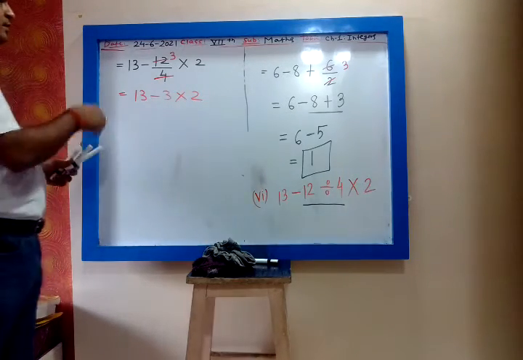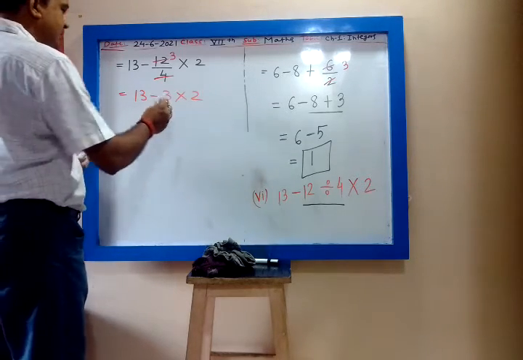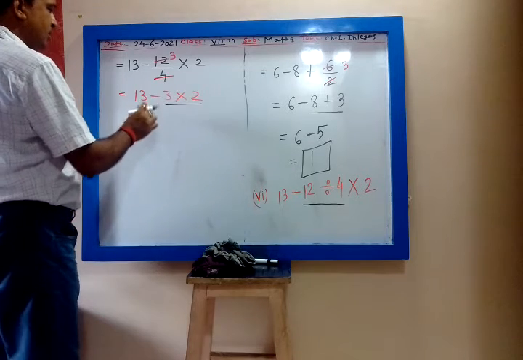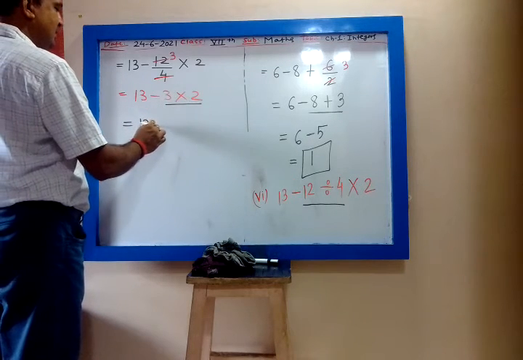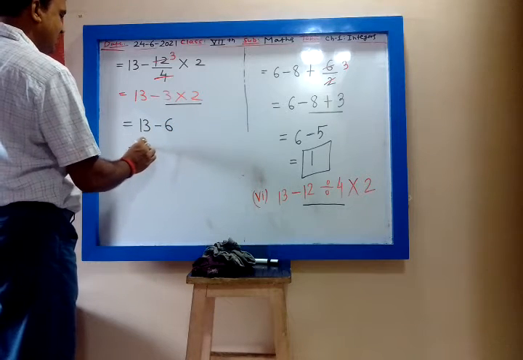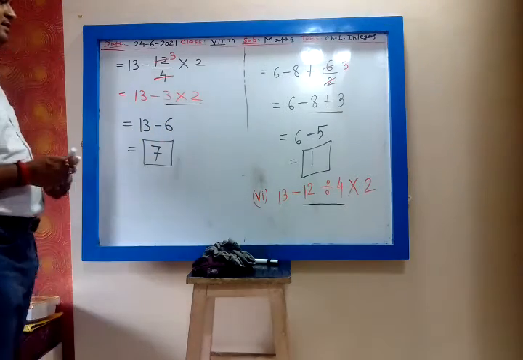Now which is to be performed first according to BODMAS? Minus or multiplication? First we perform multiplication. 3 into 2 is 6. 13 minus 6, the answer is 7.